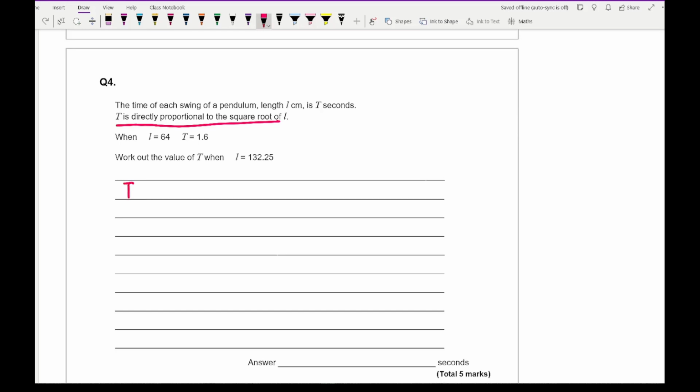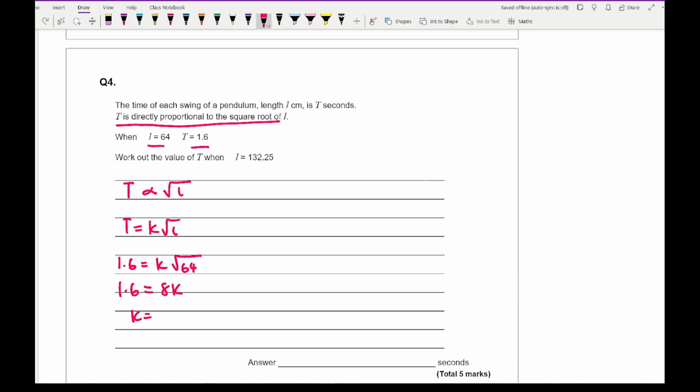So T is proportional to the square root of L. So then swapping this, we get T equals k root L. Then I'm going to substitute these numbers in. So I've got 1.6 equals k times the square root of 64, which is 8. So 1.6 equals 8k.